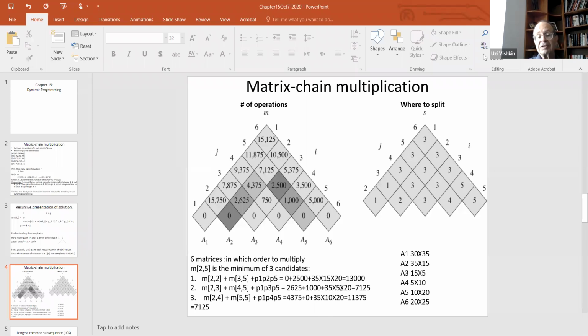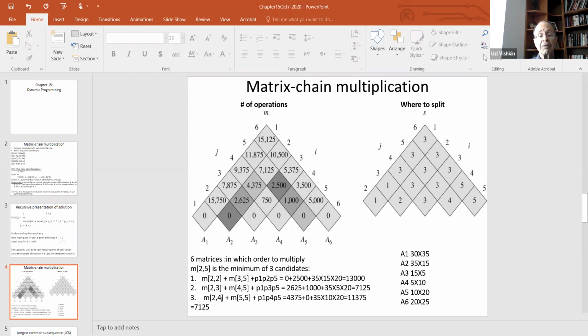35 times 5 is, say, about 500 times 20, and this will give me the total of 7120. And the last thing that we need to consider is the possibility of breaking after A4, which will be M25 plus M55, which of course is 0.